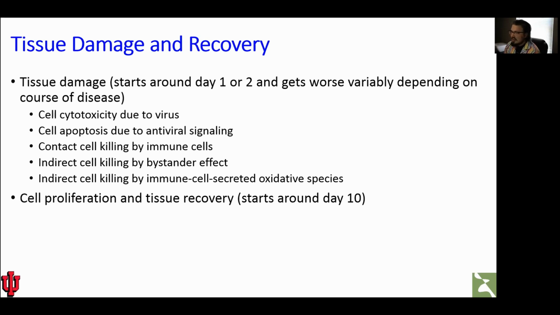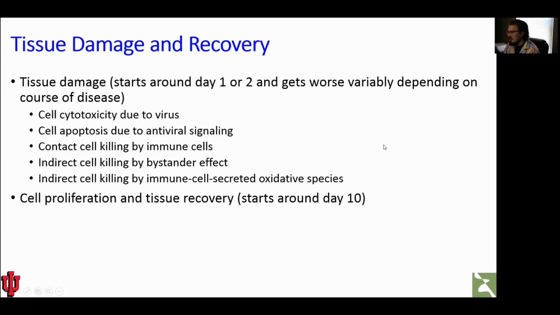So cells can die from lots of different mechanisms associated with viral infection, both due to the presence and activities of the virus during viral replication, as well as antiviral signaling, like from interferons, to induce apoptosis in neighboring cells, and then cytotoxic killing by immune cells, both with surface receptor interactions and bystander effect, and then the secretion of reactive oxygen species.